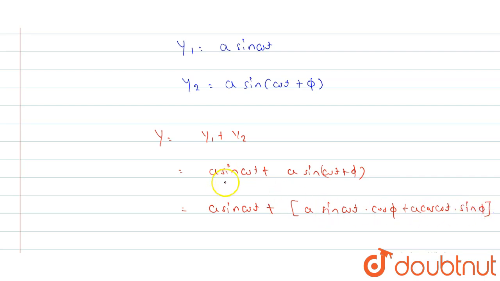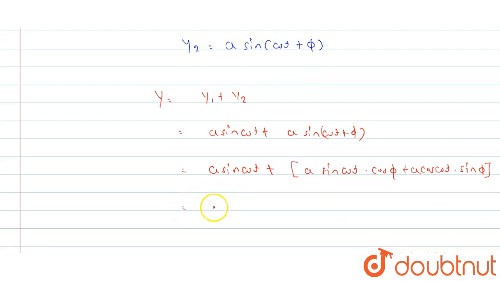That is the formula of sine of A plus B. Now taking common A sine omega t, we get 1 plus cos of phi, plus, taking common A cos omega t, A cos omega t multiplied by sine of phi.